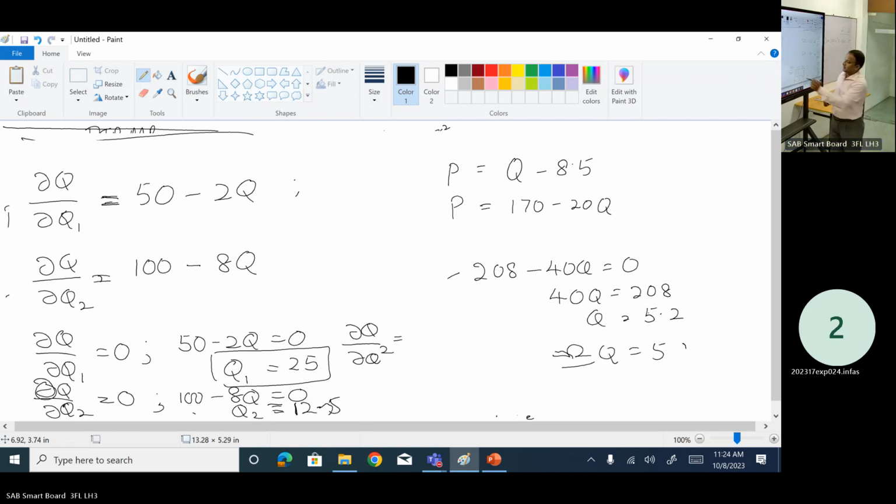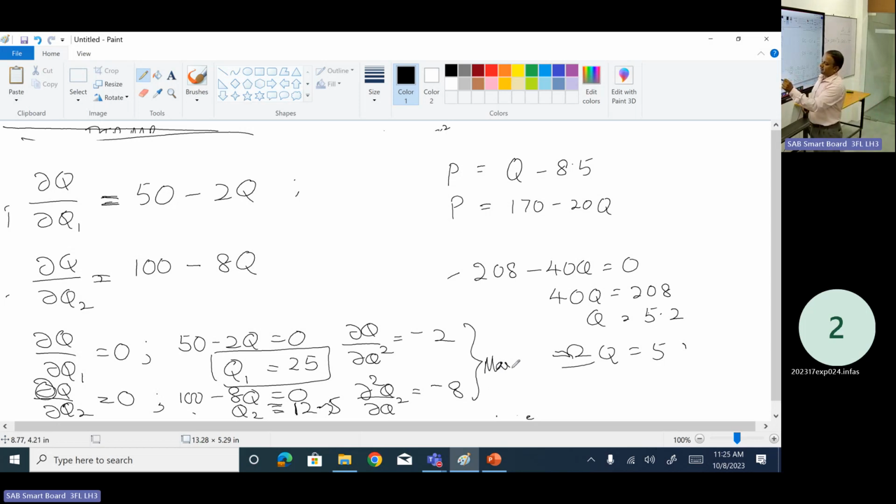That becomes minus 2, right. Then if you take the one with respect to Q2 square, that becomes minus 8, no? Right? Minus 8. Second derivative is negative, no? So that means the maximum, right?